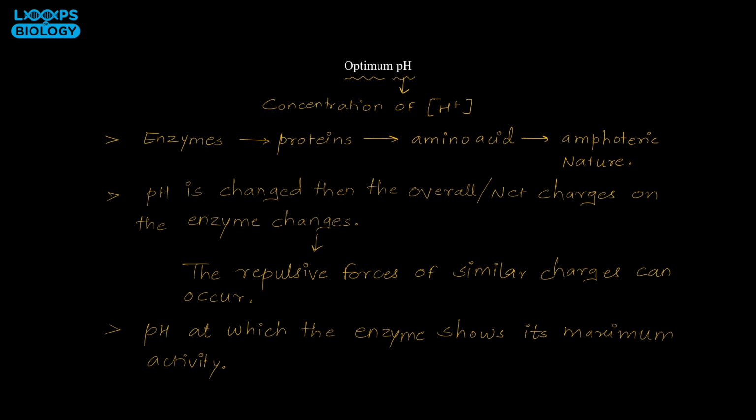Whenever I am increasing the pH gradually, at one point the enzyme will be at its maximum activity rate, and that particular pH will be called optimum pH.